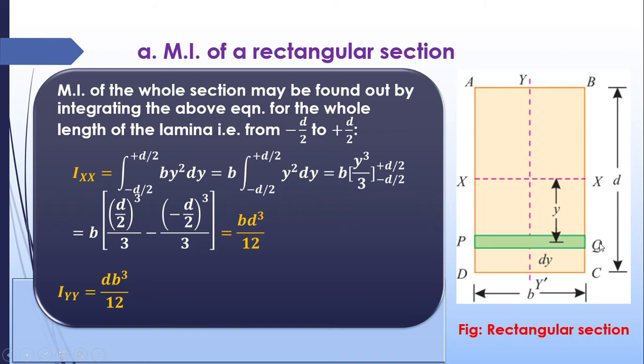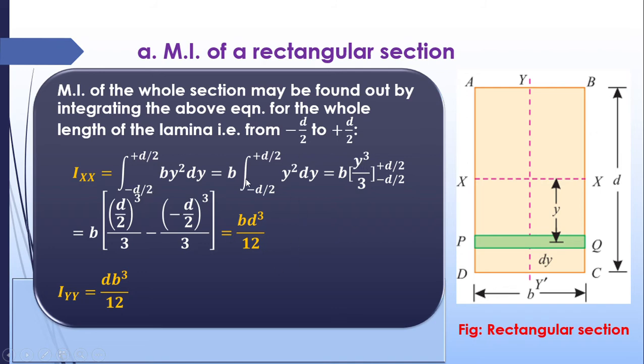This entire distance is d, so this point will be minus d by 2 and this point will be plus d by 2. So we integrate the equation with the limits minus d by 2 and plus d by 2.